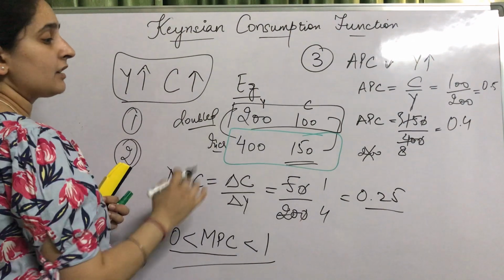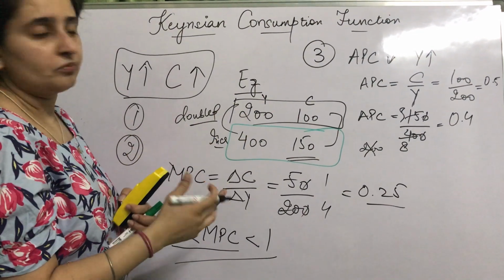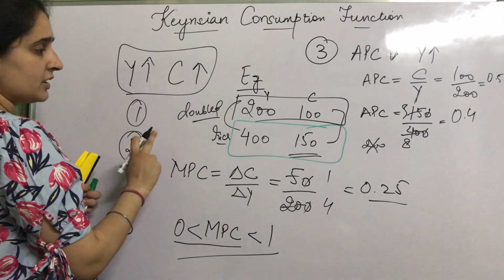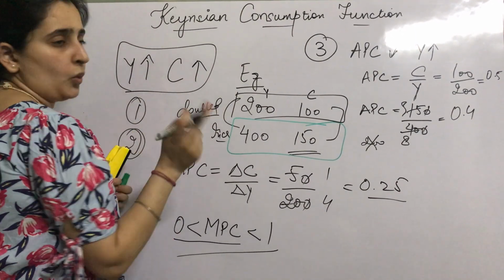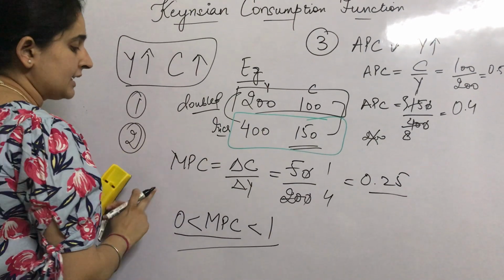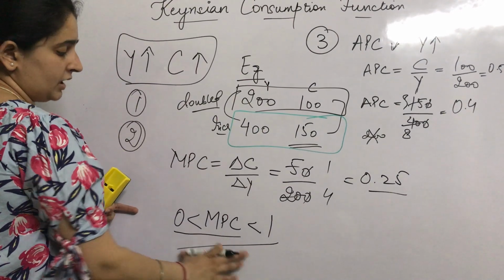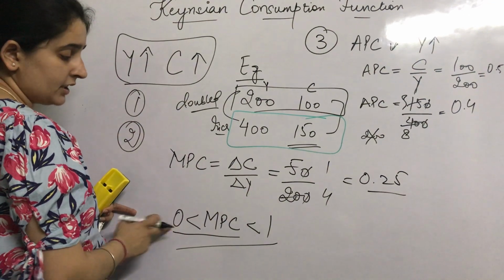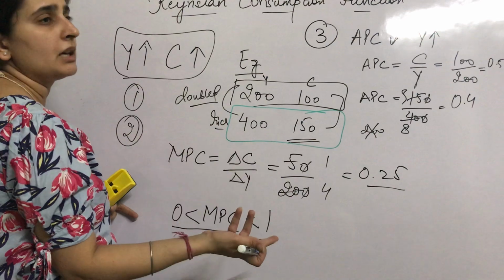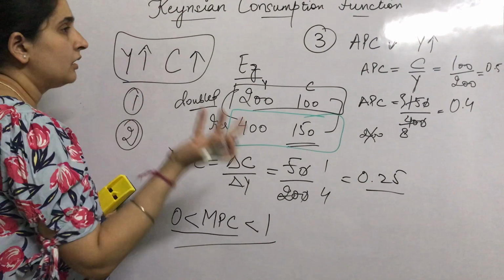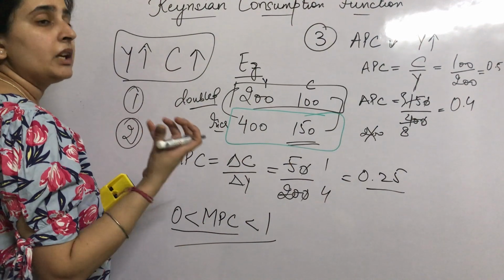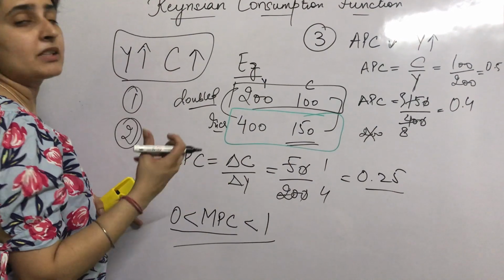So these are the 3 relations that Keynes gives. He depicts these 3 points in his consumption function. First, the change will not be in the same proportion. Second thing is the value of MPC. It will be greater than 0 but less than 1. Means the entire income cannot be consumed, because we save something, right? This is our human nature, that whatever we have as our income, we save something out of it.